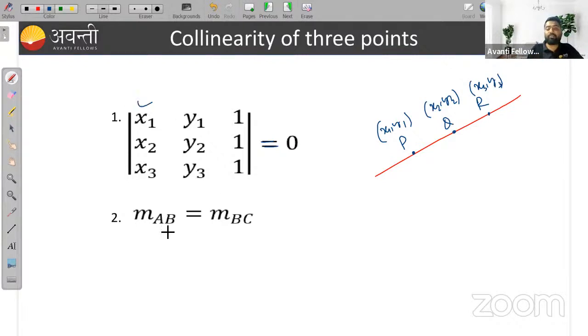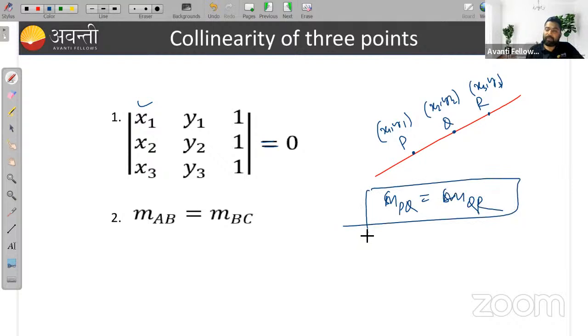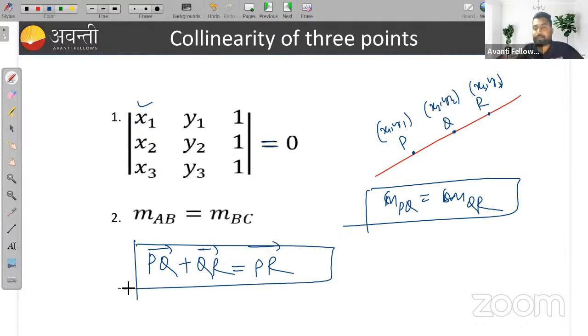Another case is that the slope of PQ is equal to the slope of QR. Is that clear or not? Another case we can say is PQ plus QR is equal to PR. This is the third case. So these are the 3 ways to check the collinearity of 3 points. Clear? Okay, let's move.